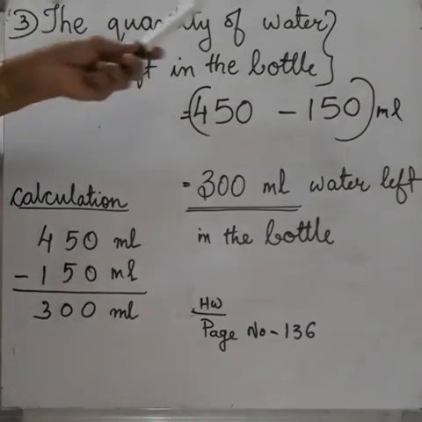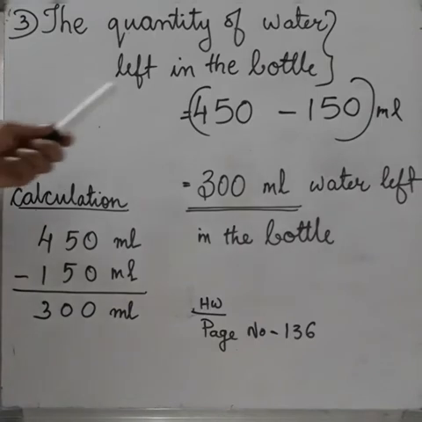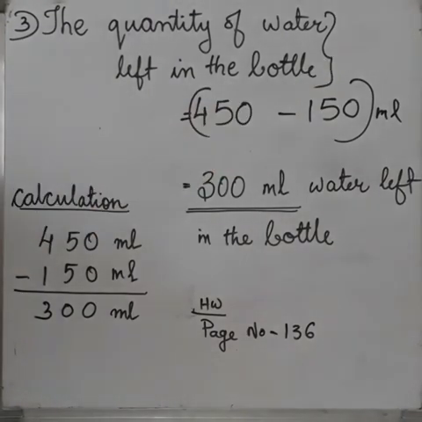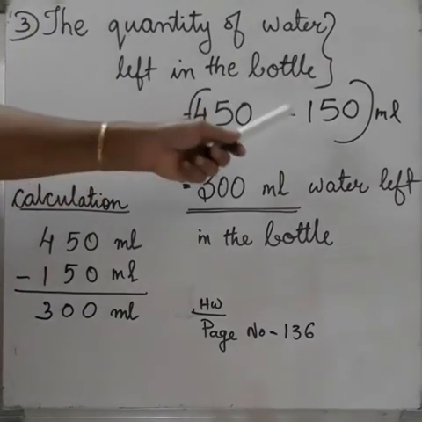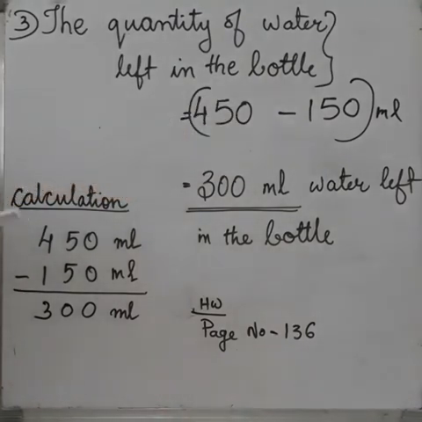The quantity of water left in the bottle. At first, there was 450 milliliter water and from that 150 milliliter water Rohan drank. Now we have to find out the quantity of water left in the bottle. For that we have to subtract 150 from 450.